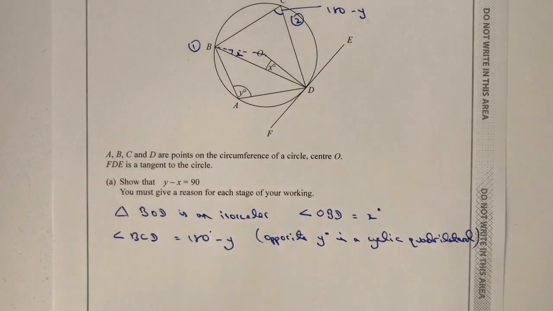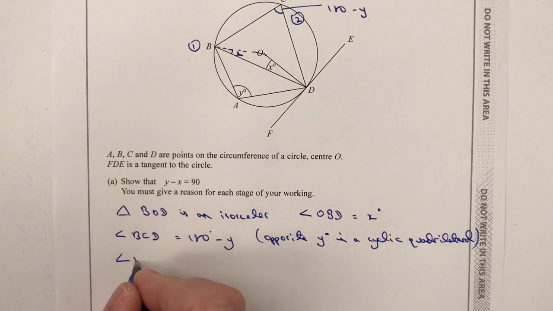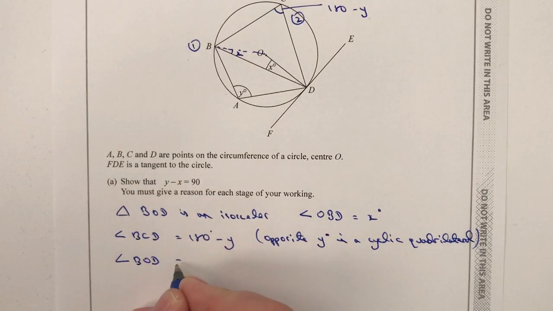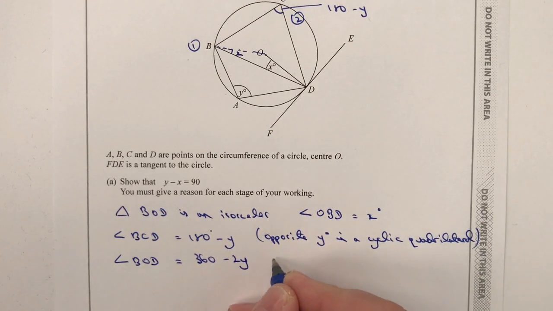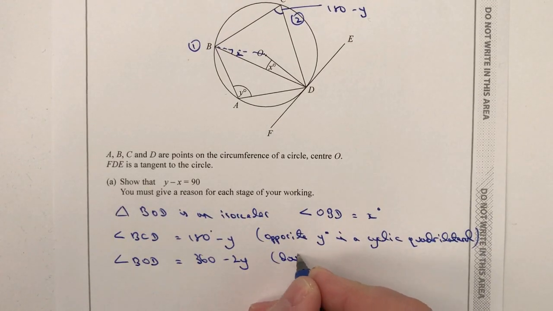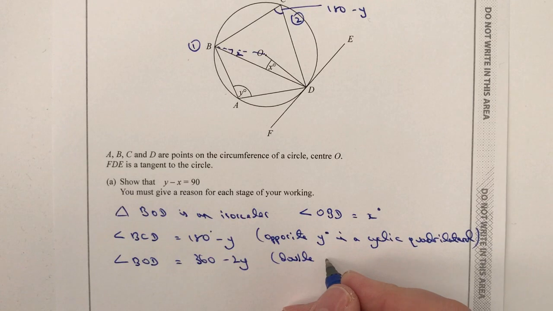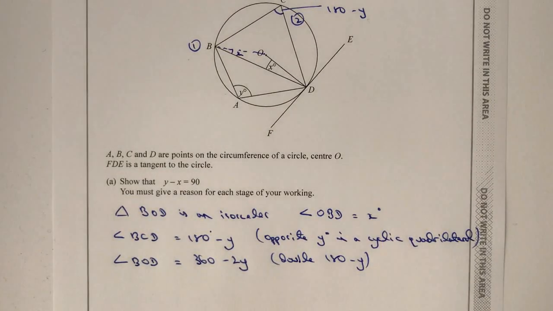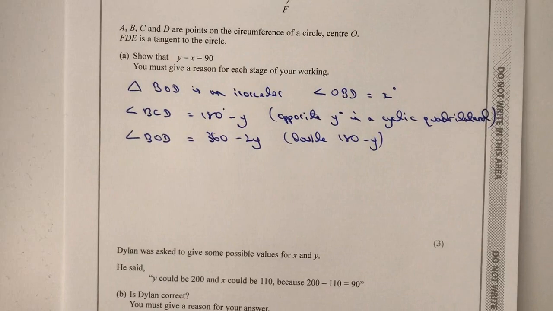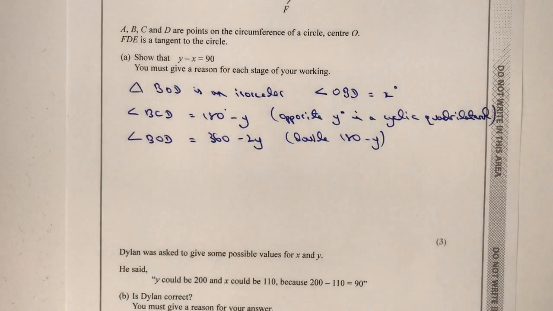So what I can say now is that angle BOD is equal to 360 minus 2y, and the reason is because it's double 180 minus y. Again, you might want to fill in a little more detail on this, but it puts us in quite a strong position now because we effectively have a triangle.